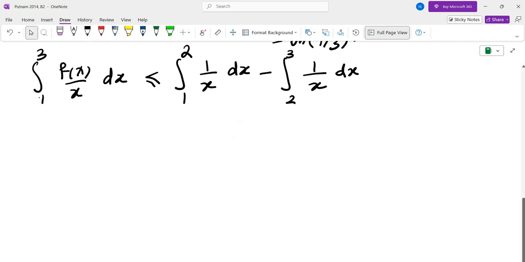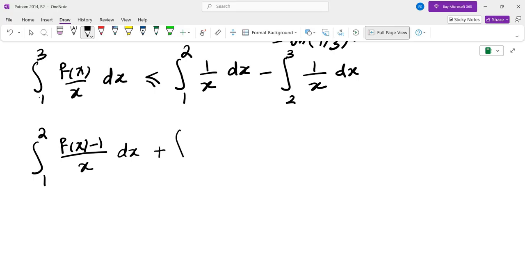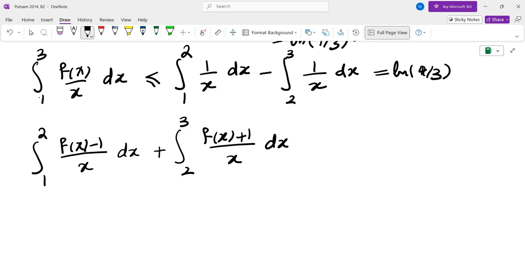I'm going to take the right hand side to the left side and see what I get. So I have integral from 1 to 2 f of x minus 1 over x dx plus integral from 2 to 3 f of x plus 1 over x dx. If I can prove this one, then I'm done with the problem because I already found a function that satisfies the equality.